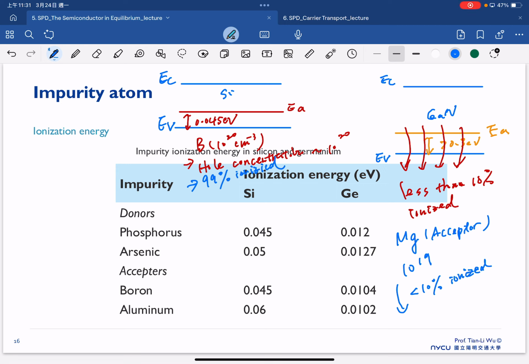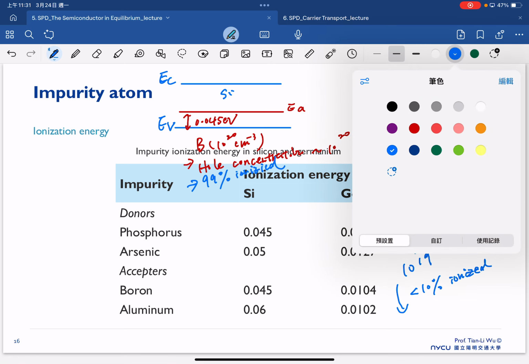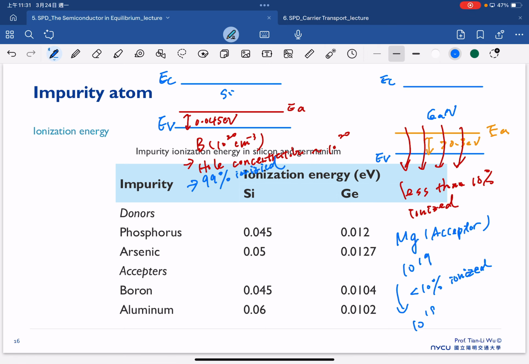So that means you can always get only less than 10^18 for the hole concentration. So this becomes a problem.